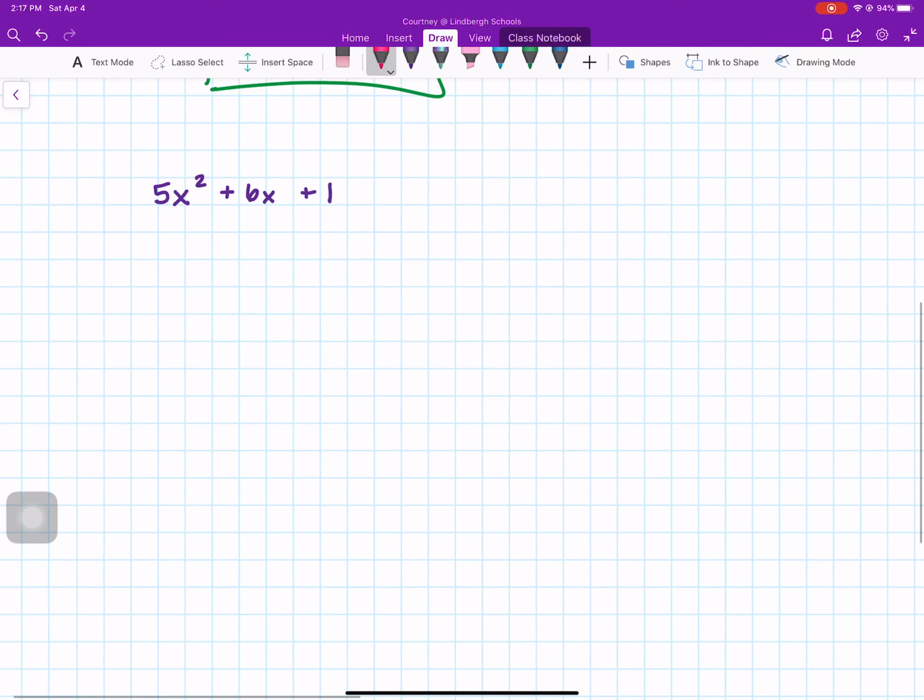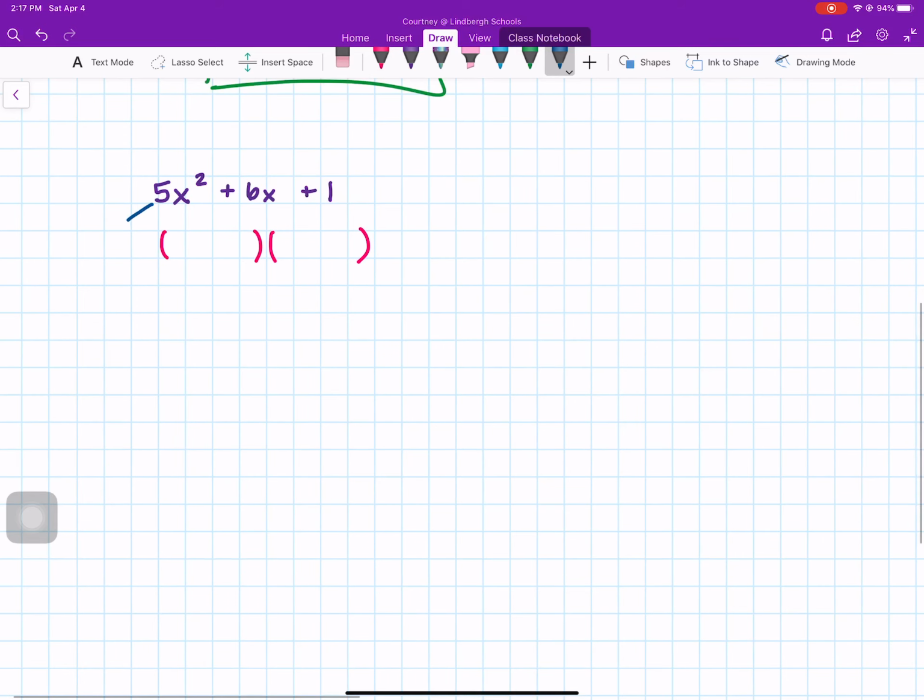So again, you're looking to go for double parentheses. So start over here with your leading term and think of your leading coefficient. The numbers that multiply to give you 5 are 5 and 1. And that's it. So that means that one number is 5x and the other number is x.